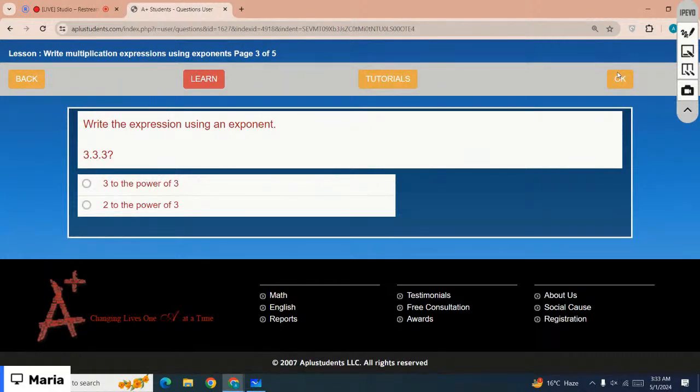Write the expression using an exponent. Which is the correct option? That is 3 to the power of 3. Option number 1 is the correct option.